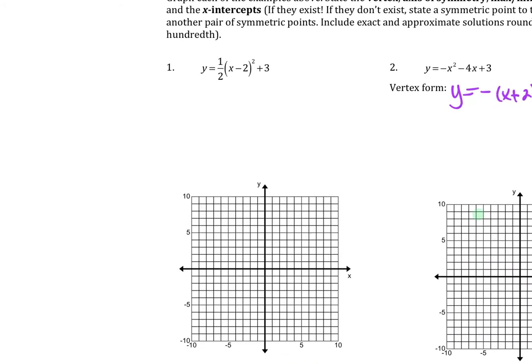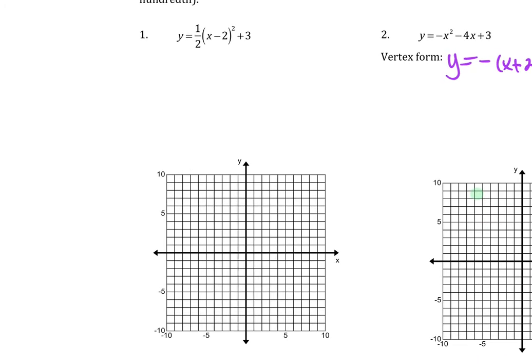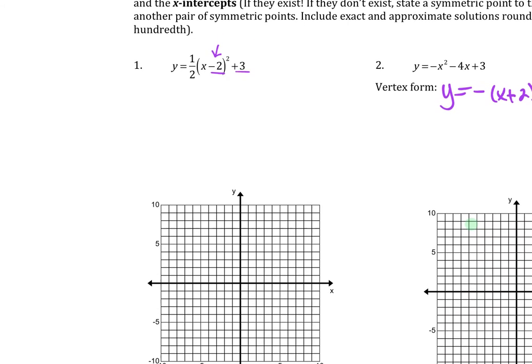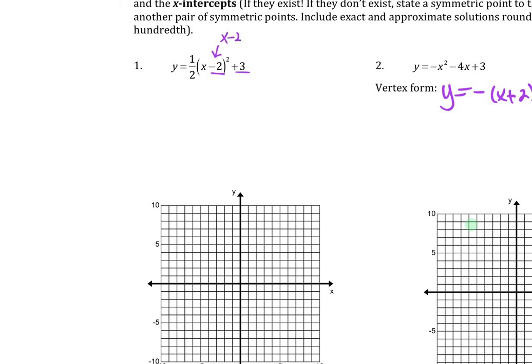So on number 1, the vertex I can pull right out of this. If you're not sure what h is, you can take the inside of the parentheses, set it equal to 0, and solve for x. That gives you the h value of your vertex. And then your k value is always what's on the end.